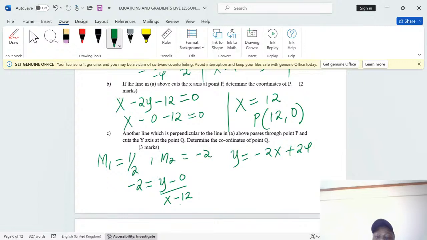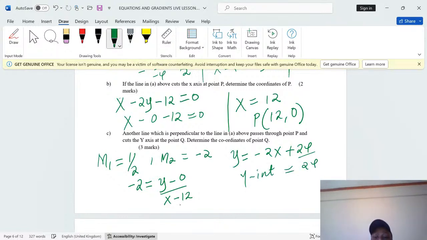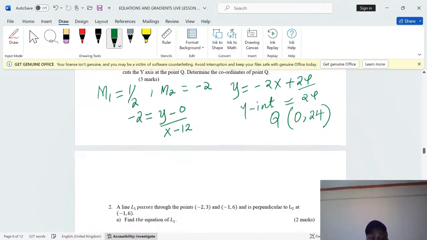When the equation is in this format, we can simply extract the y-intercept as the constant, which is 24. So the coordinates of Q are (0, 24), because at the y-intercept, x is 0.